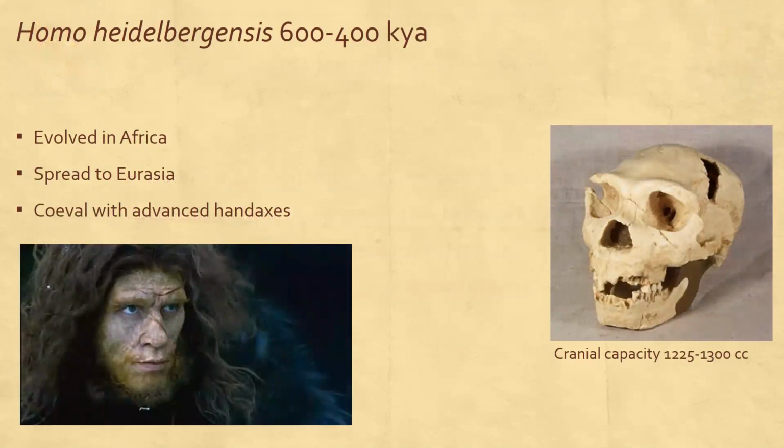Homo heidelbergensis between 600 and 400,000 years ago, if we focus just on this particular individual, we know that heidelbergensis evolves first in Africa and then spreads to Eurasia at a time that's coeval with the lithic technology of the advanced Acheulean hand axes and an industry that would later become known as the Mousterian of the Acheulean Tradition, an early version of what is to be known as the Mousterian Tradition.